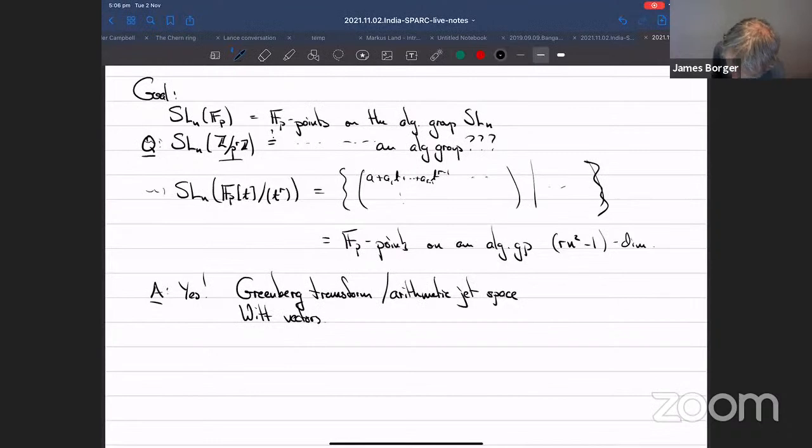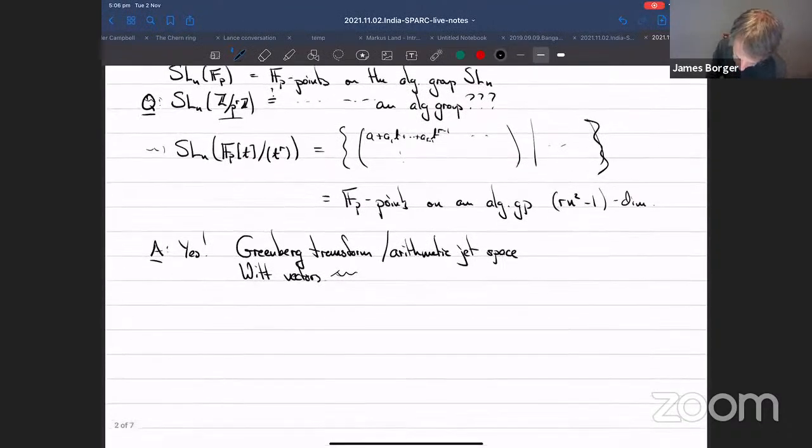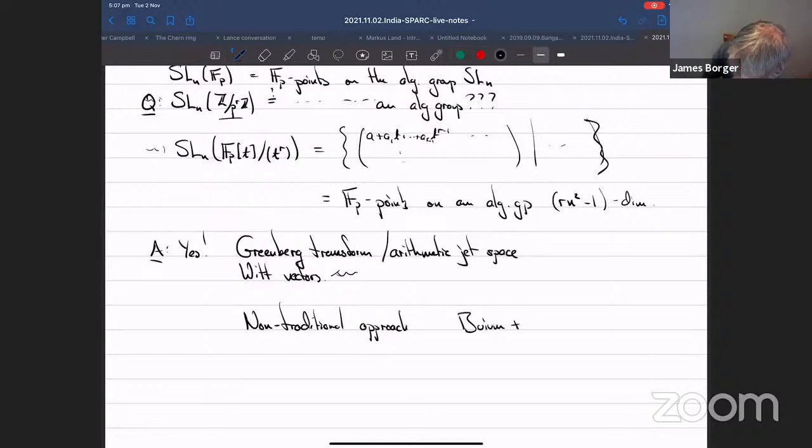Probably many of you have a little bit of familiarity with Witt vectors, but one thing I want to say is that the approach here will be, maybe I'd call it, a non-traditional approach. In these lectures we'll be using a non-traditional approach, which I'd say is primarily due to Borger and Joyal.